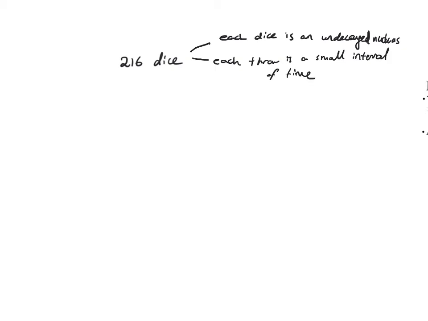Now we'll consider that when I throw those dice, if one appears on the top of the dice, it means it decayed. So you know how a dice has numbers 1 to 6. So if out of those 216 dice, some of them land on 1, it means that they're nuclei that have decayed. So let's say that 1 shows a decayed nucleus.